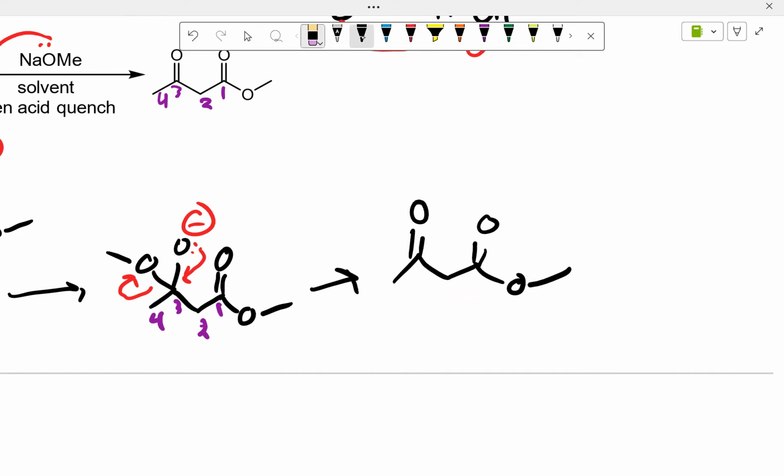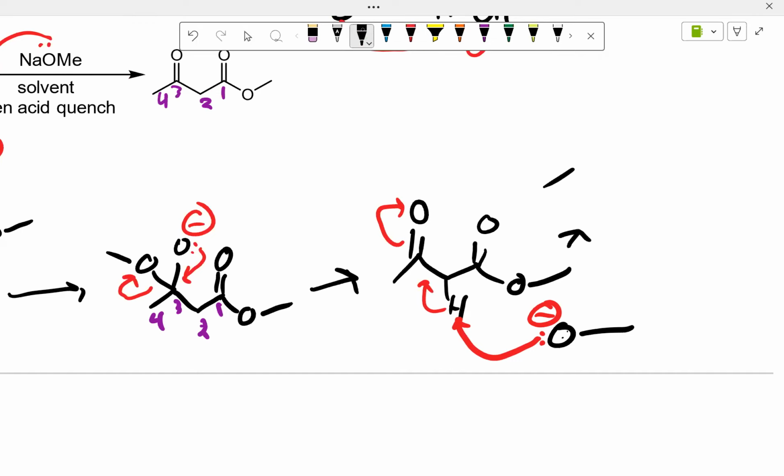If you have a pretty stable conjugate base, then you're going to have an acidic proton. So because we have an acidic proton and a methoxide with a negative charge, methoxide is going to deprotonate this hydrogen, and then we're going to form another enolate.